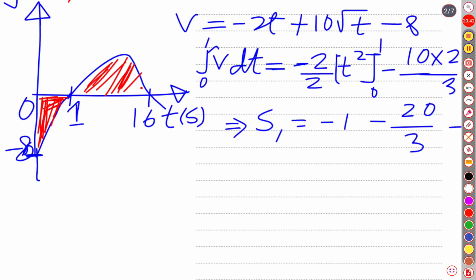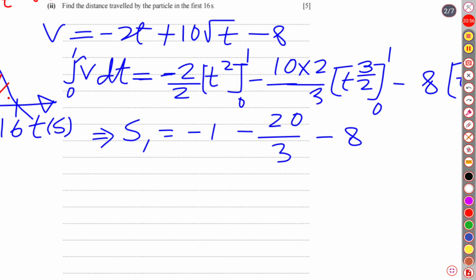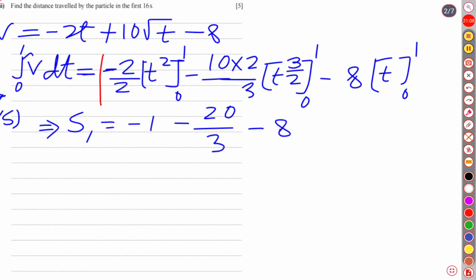Initially, we came to know that the portion below the x-axis will produce a negative value, but distance is always positive, so we will use the modulus symbol over here. That means we pick up the positive value, ignoring the negative sign.